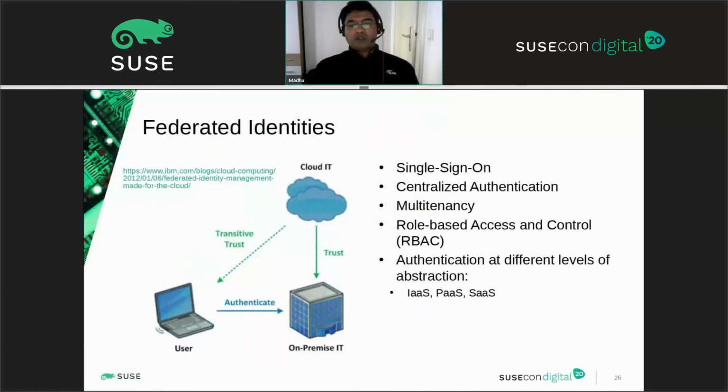So some additional features which are essential and we can go a little deeper into. Federated identities, as we talked about, provide a single sign-on facility, where a user proves his identity, is assigned a role, and requests access to services from the system by establishing a trust relationship with the system.